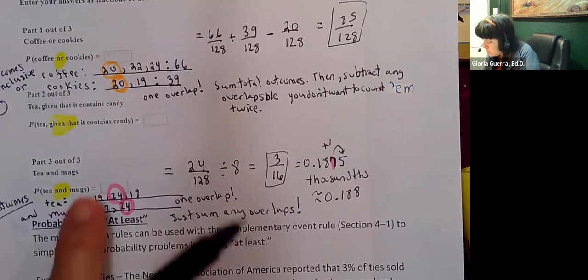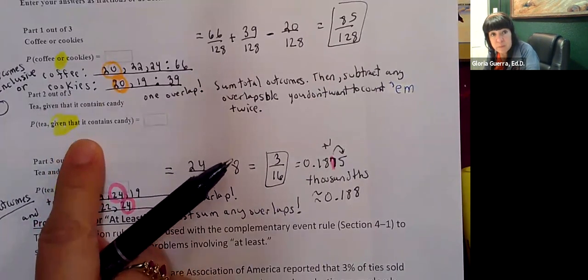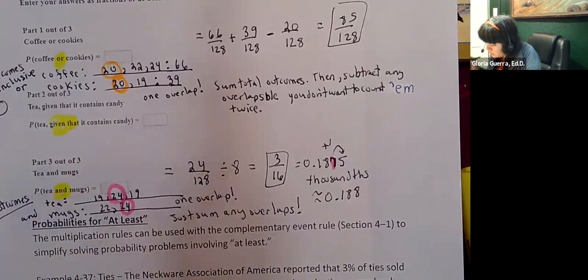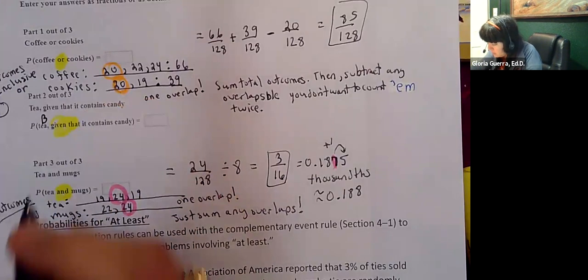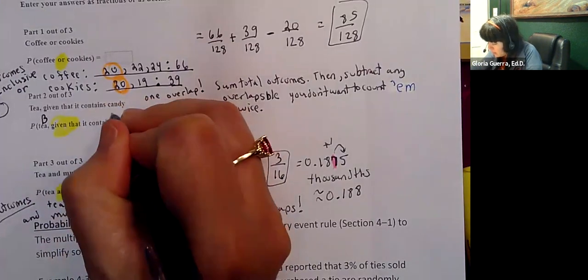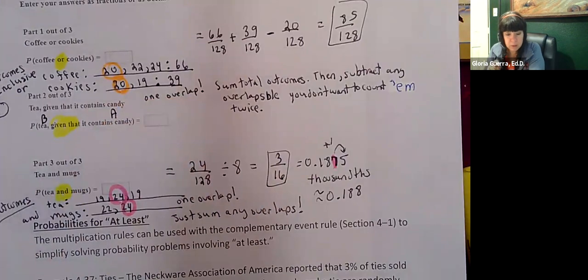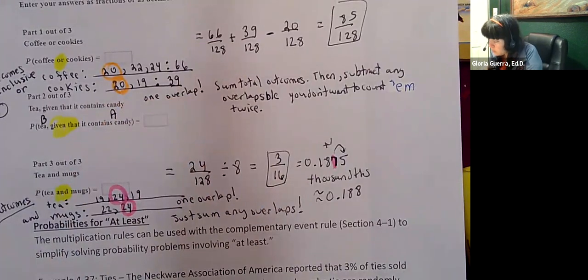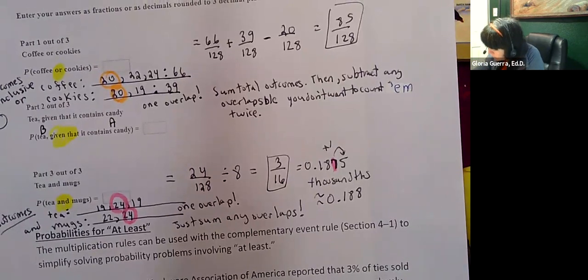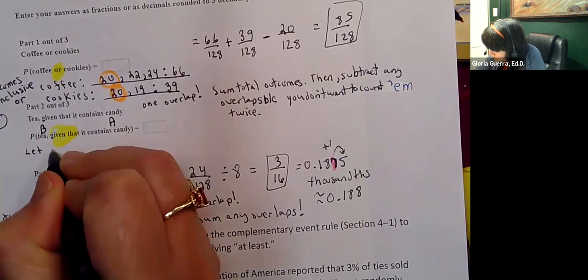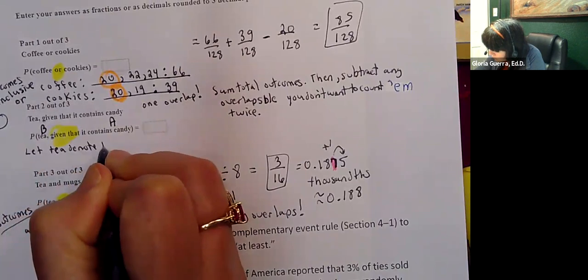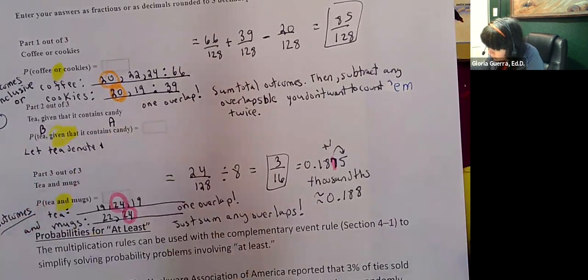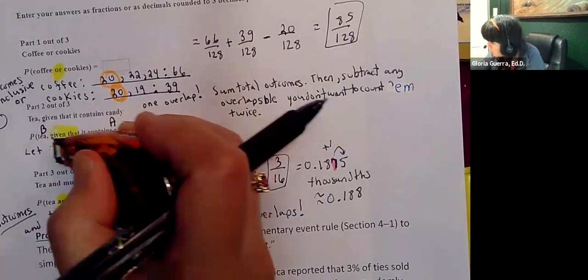Okay, now for the conditional problem, conditional probability, given that. So remember the T is the B, given that A, the candy is the A. Okay, so then when we apply the definition, we're going to let B denote T, is how I should really word it.